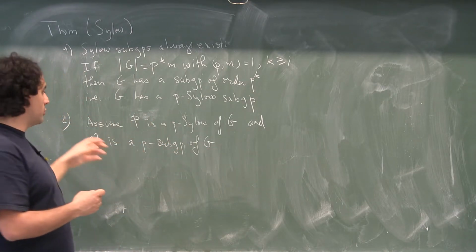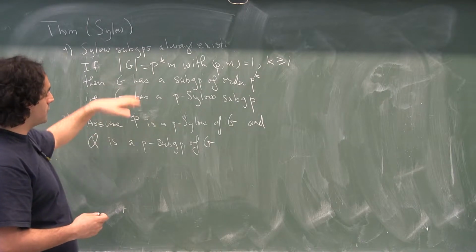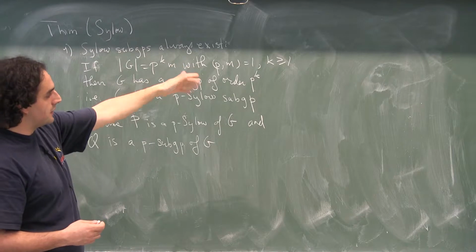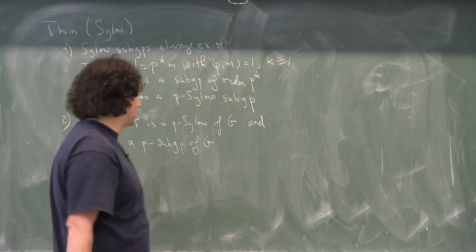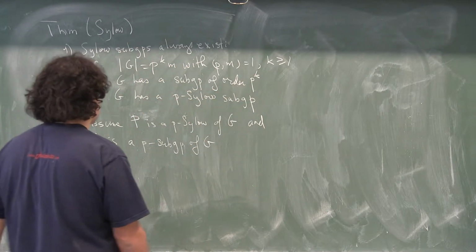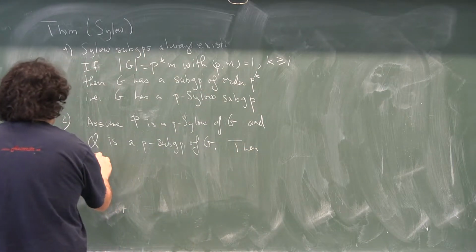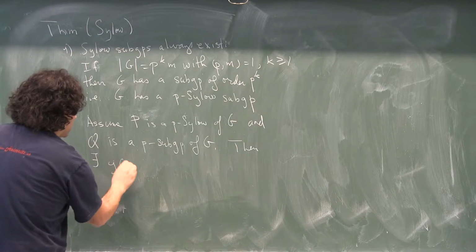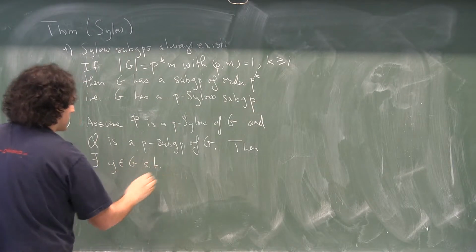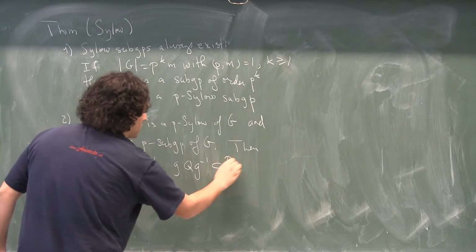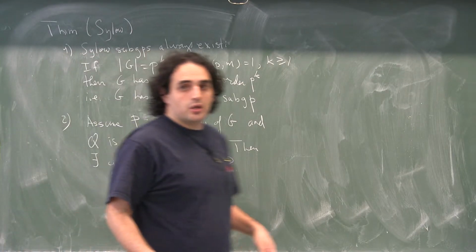It might be a P Sylow, but it might not be. It might have order P to the J, where J is less than the largest possible K. Then there exists g in G such that gQg inverse is contained in P.